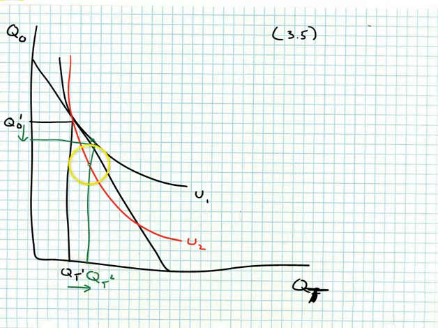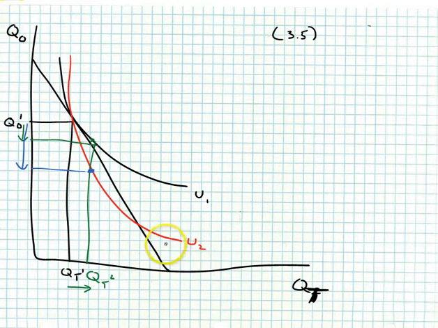But now, with the new preferences, to get this same additional unit of toys, this household was willing to give up much more in the new set of preferences represented by that red indifference curve.